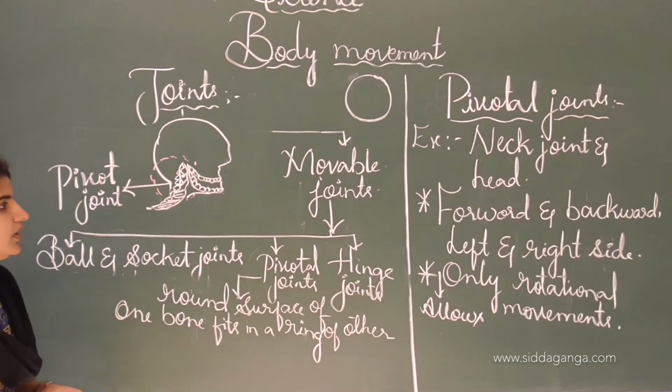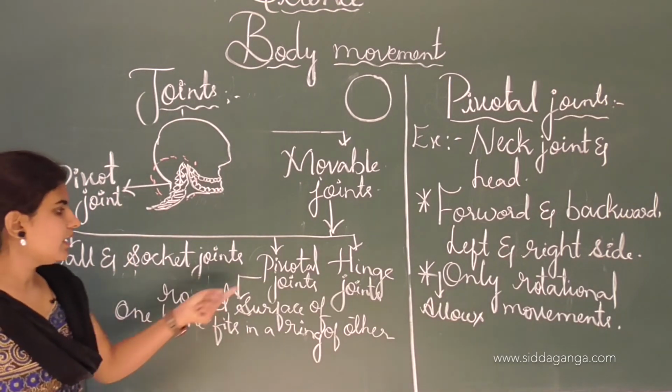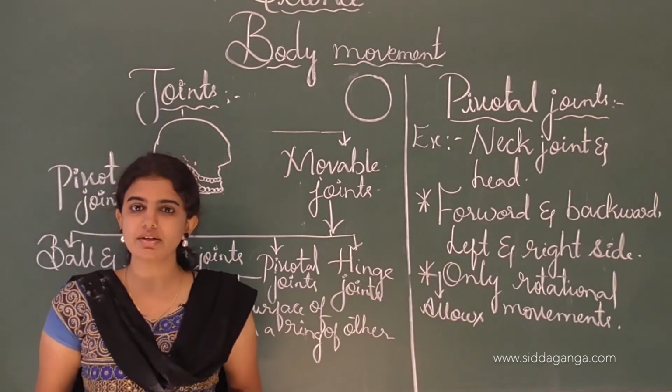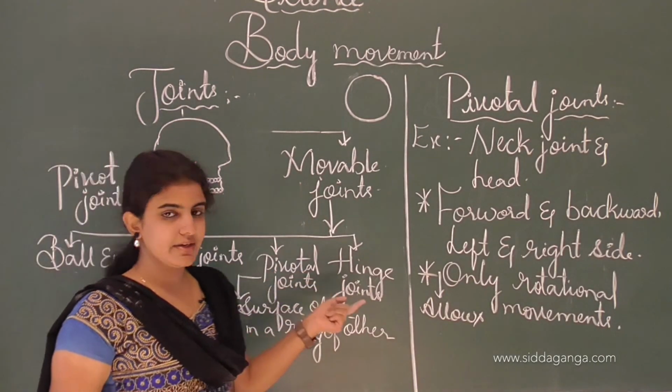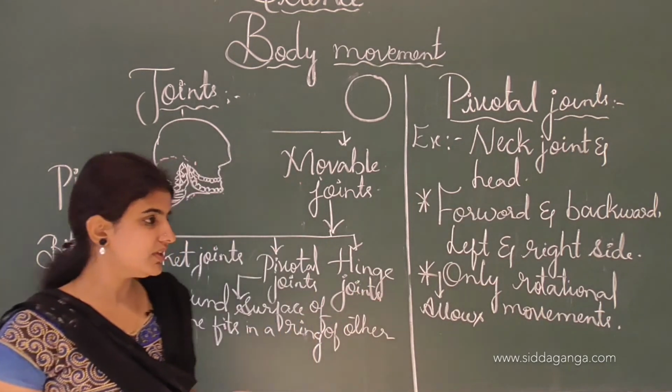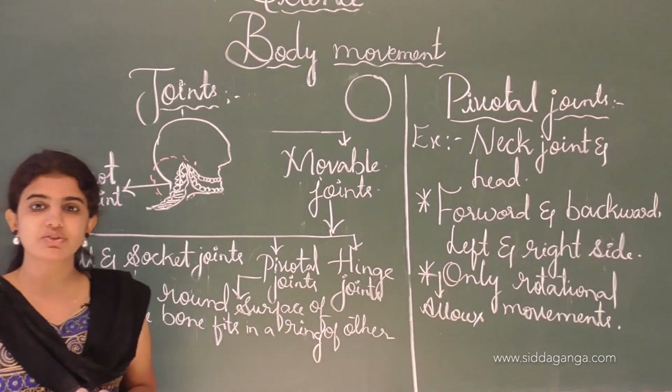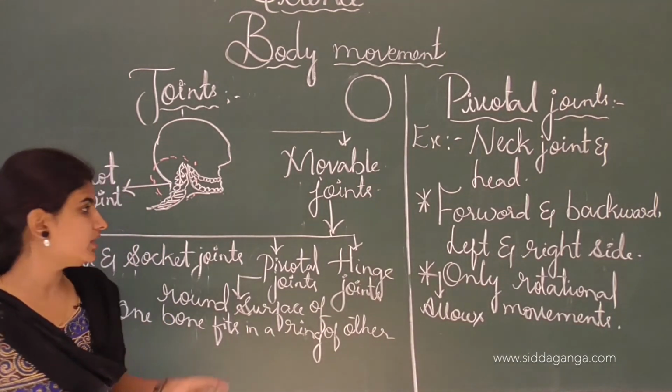Pivot joint. See, understood? Examples for the pivot joints are the neck as well as the head region. These pivot joints are present, and here one round surface of one bone fits into the ring of another bone.